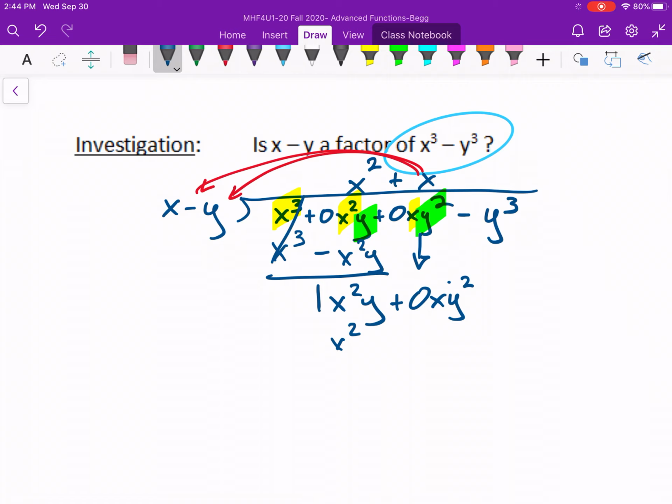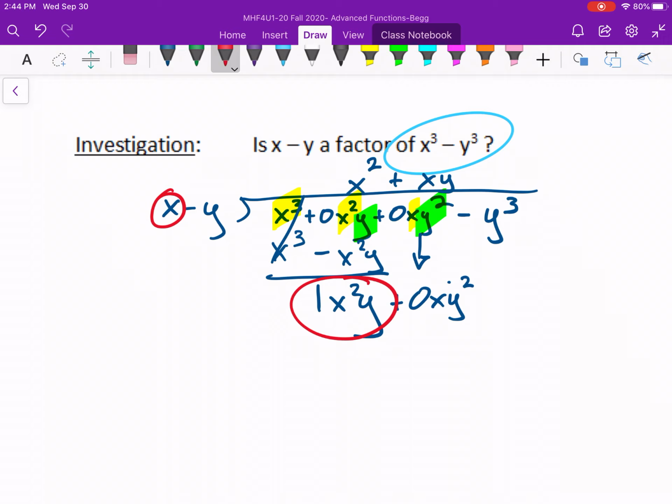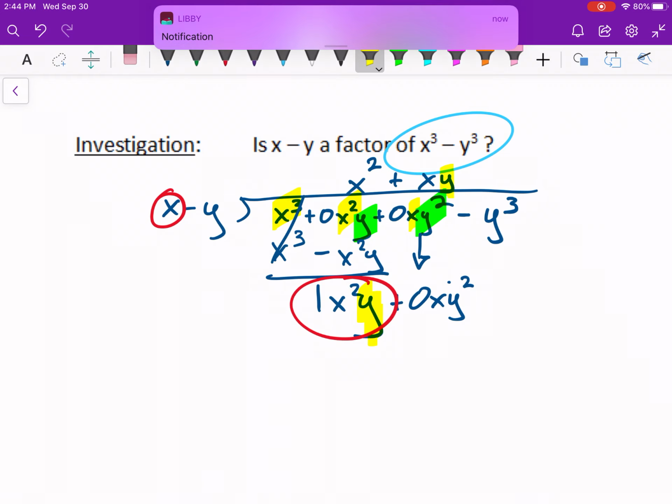My mistake, it's not just x, it's xy. Let me back up for a second. I was dividing this whole thing by x. So when I divide, it reduces my exponent on the x by 1, so I'm just left with x, but I originally forgot to write down this y that was here as well. So now I've put it up top.